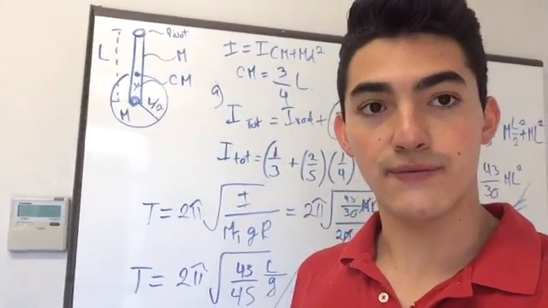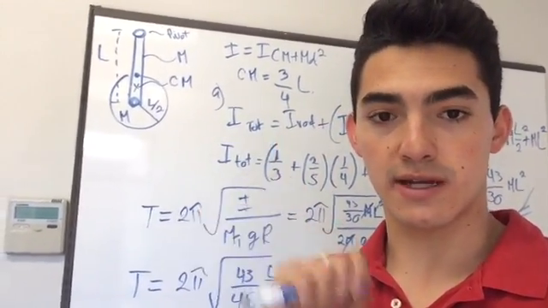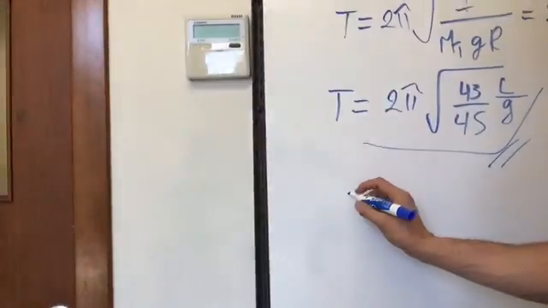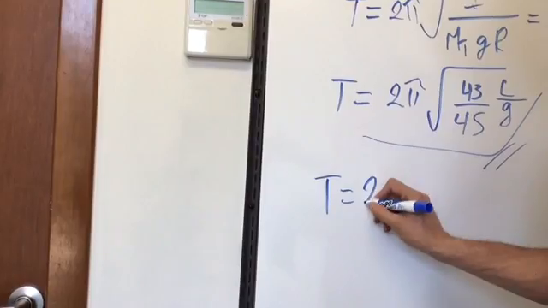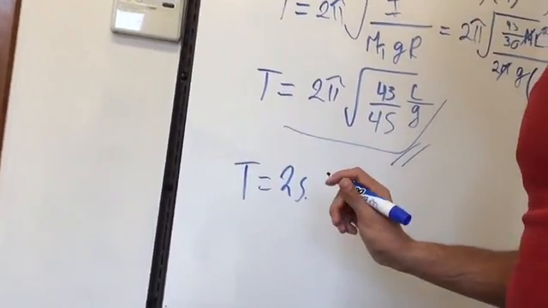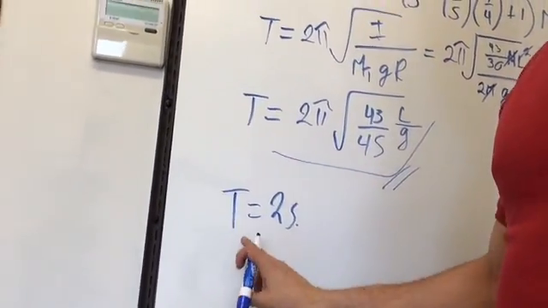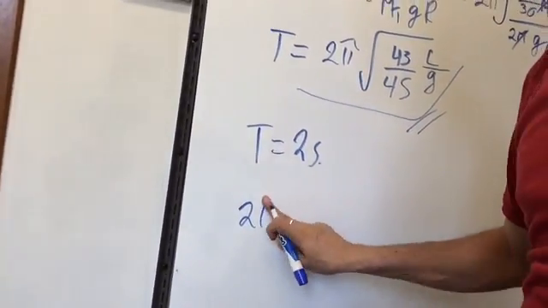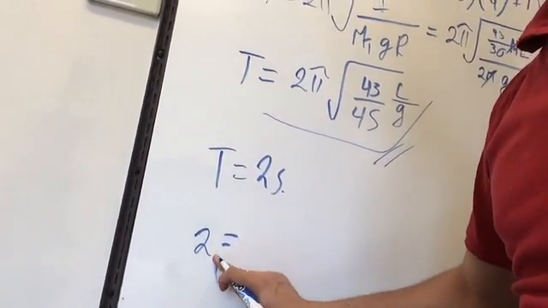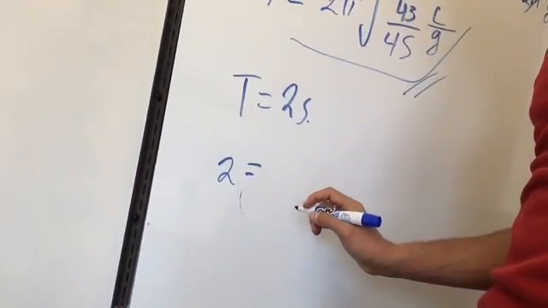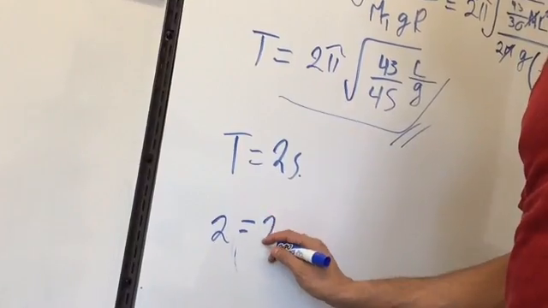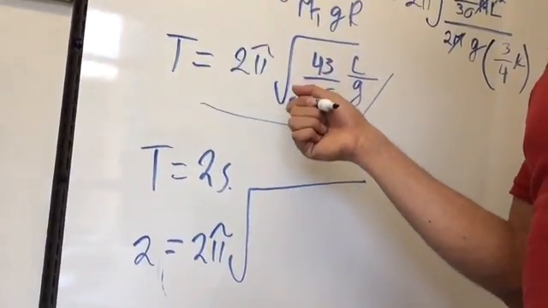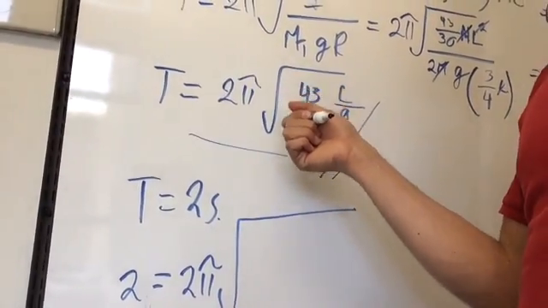Part 3 says: for a period of T equal to 2 seconds, what should be the length L? If T is equal to 2 seconds, then in this formula 2 is equal to 2 pi times the square root of 43 over 45 times L over g, with the values we already know.